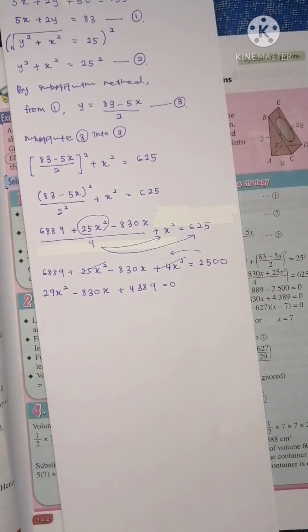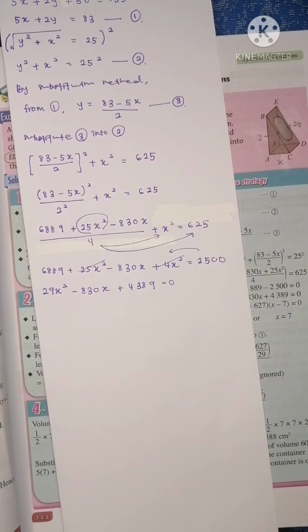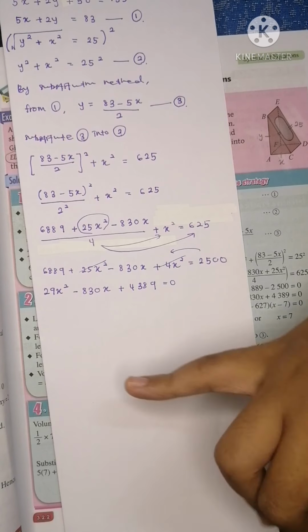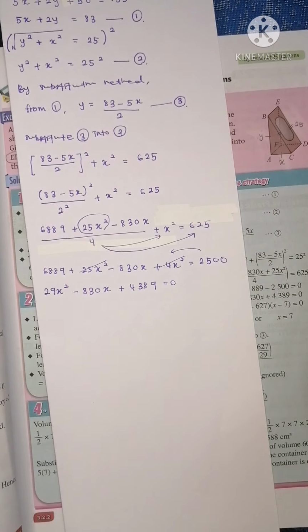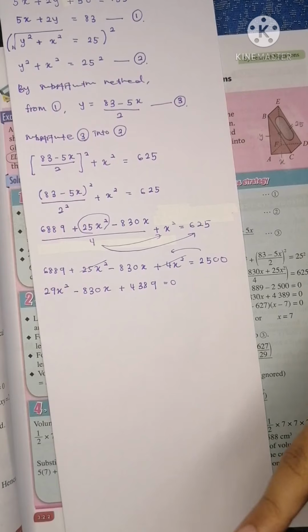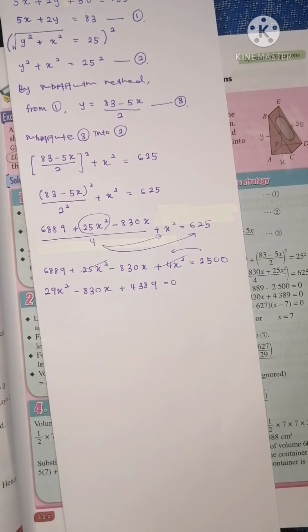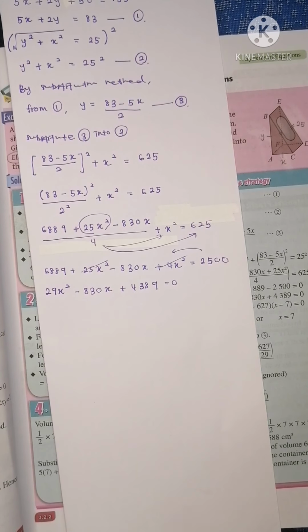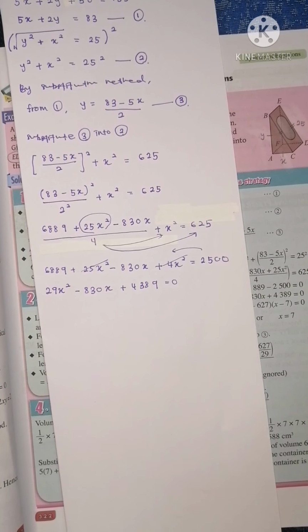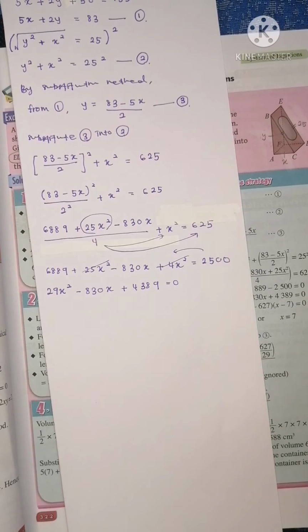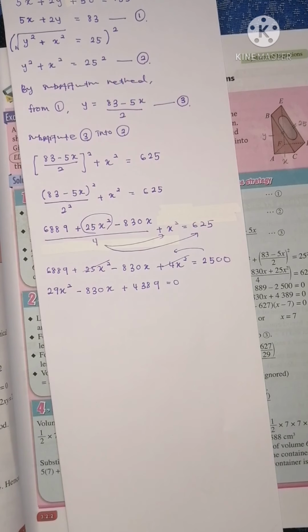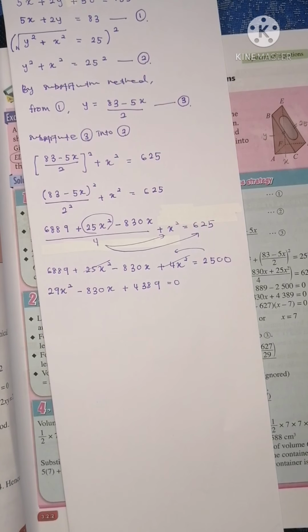Okay, like this. Then we try first using the factorization method. Even though the values of a, b, and c are big, it's okay, just apply it first to see whether it is suitable for us to use the factorization method or not. If it is not suitable, then we proceed by using the formula.